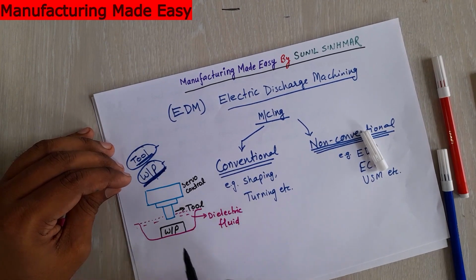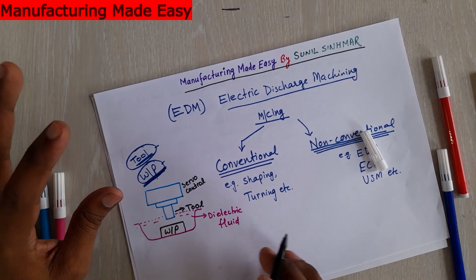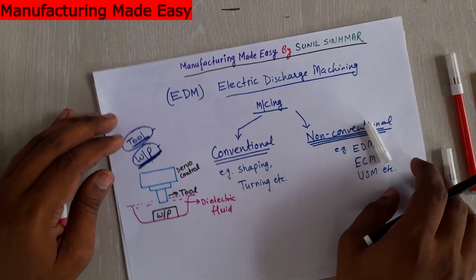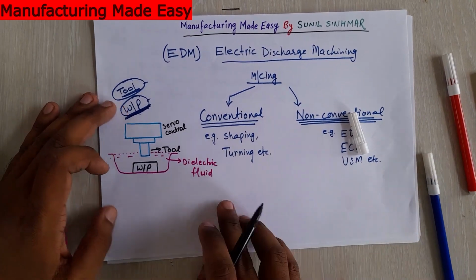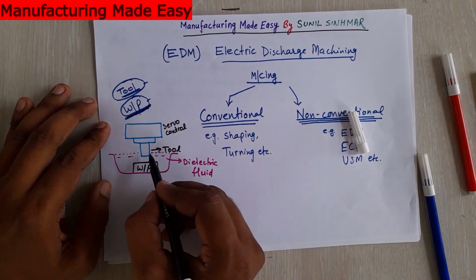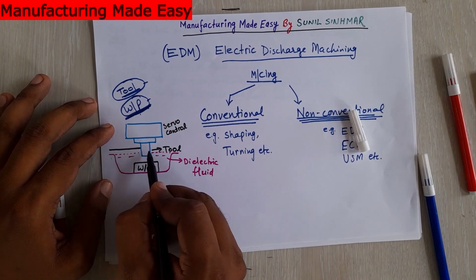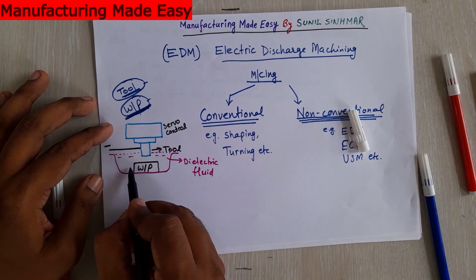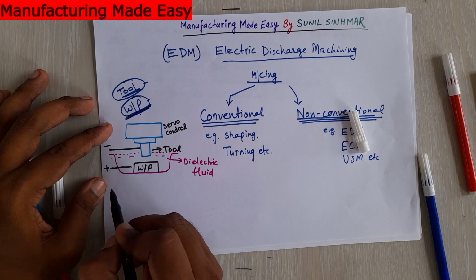So dielectric fluid is used, the tool is used, and the workpiece is there, and we have to supply the electric current. This tool is connected with the negative potential and the workpiece is connected with the positive potential.